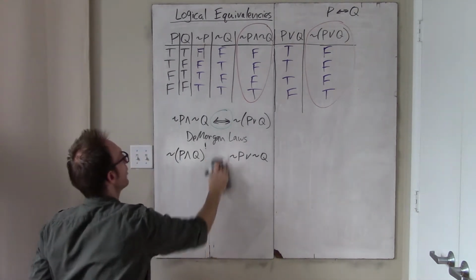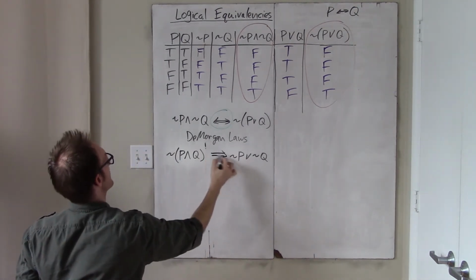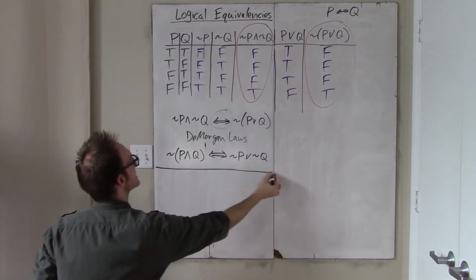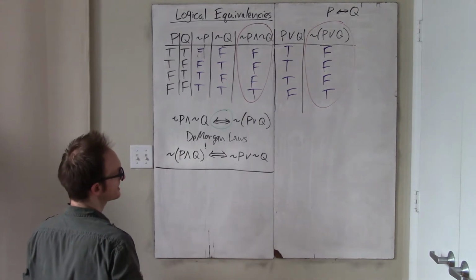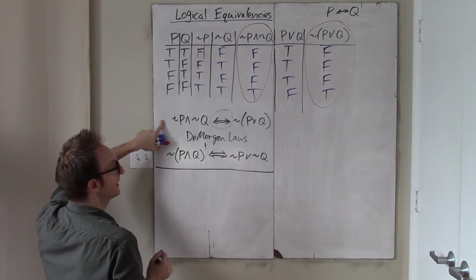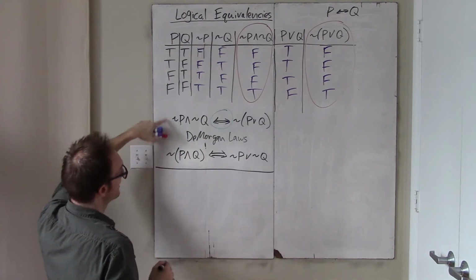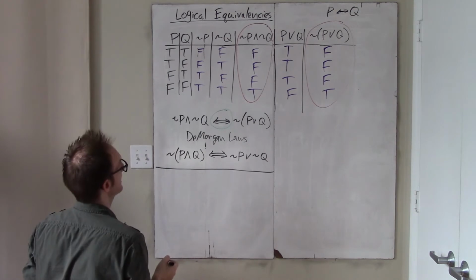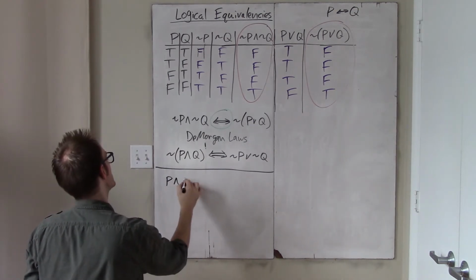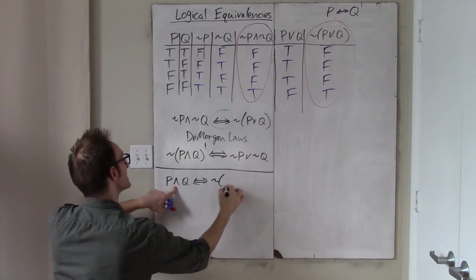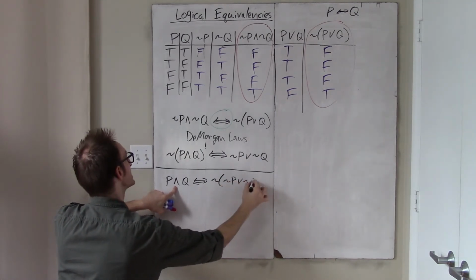Okay, what else? Some of them are so silly as to be almost not worth mentioning, but I'll mention two more. While we're on this subject, note that another slight modification to these two De Morgan laws is to think of it like this. P and Q is logically equivalent to not (not P or not Q).